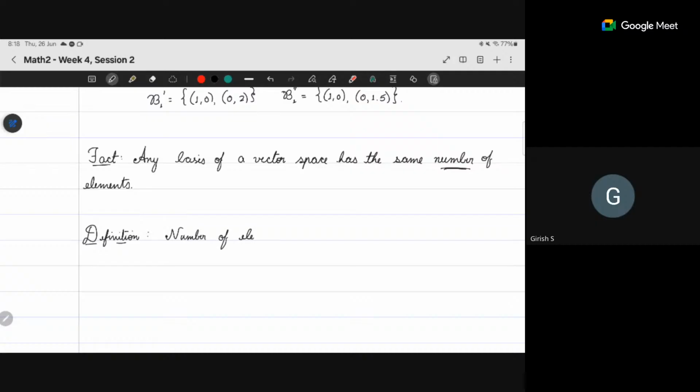The number of elements in a basis, it doesn't matter which one because of the above fact. The number of elements in a basis for a vector space is called its dimension.